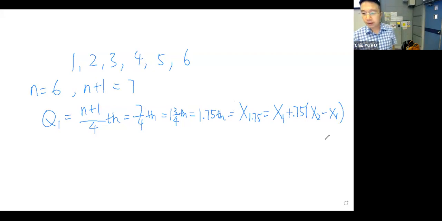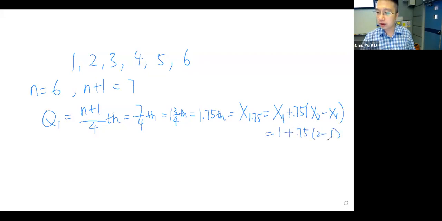So x1 is 1 in this case because we make life very easy for us, and 2 minus 1, so it's 1.75. Is that clear how we handle that? Same idea, don't worry. You only need to know how to calculate this. In practice you have Excel, you do it. So don't worry about that.